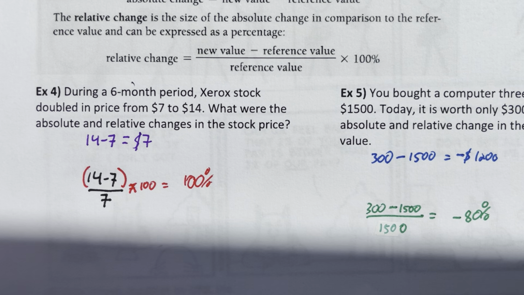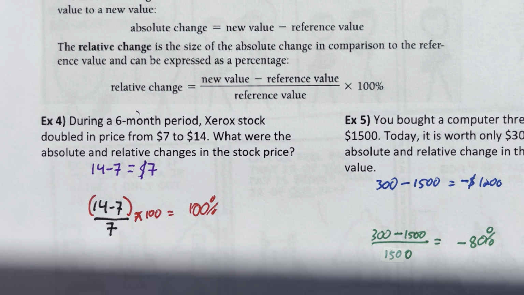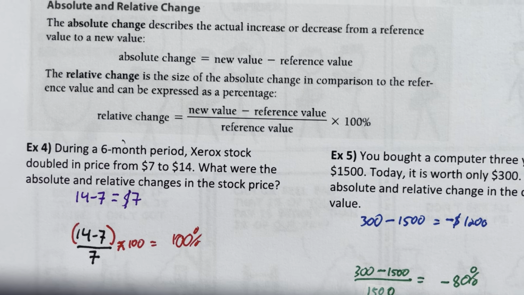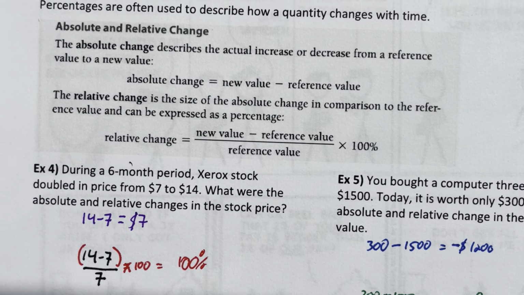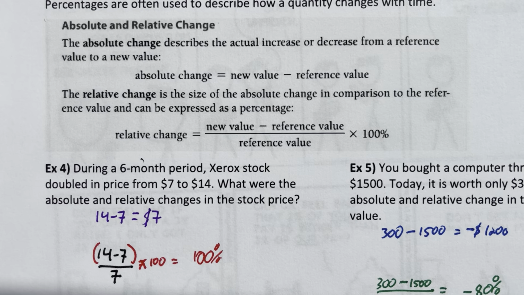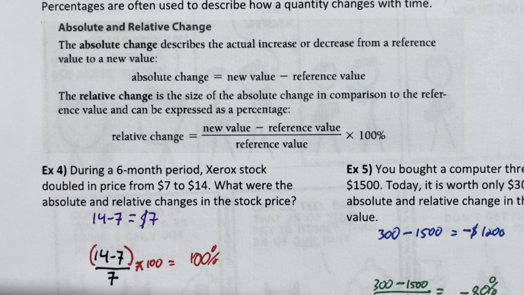So, for example, okay, I'm going to move this just a little bit so we get the shade out. Sorry, sun's moving. Okay. It says, during a 6-month period, Xerox stock doubled in price from $7 to $14. What were the absolute and relative changes in the stock prices? So the new value is 14, the old value is 7.